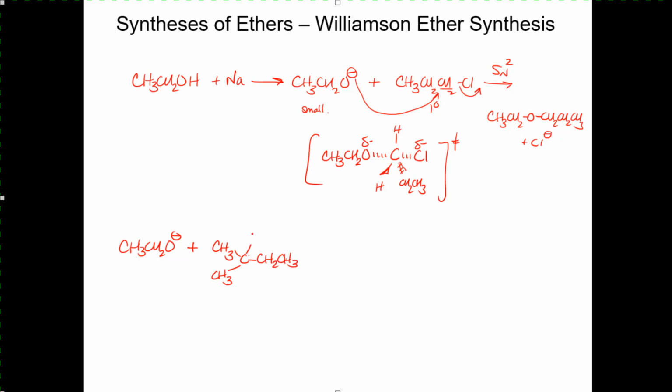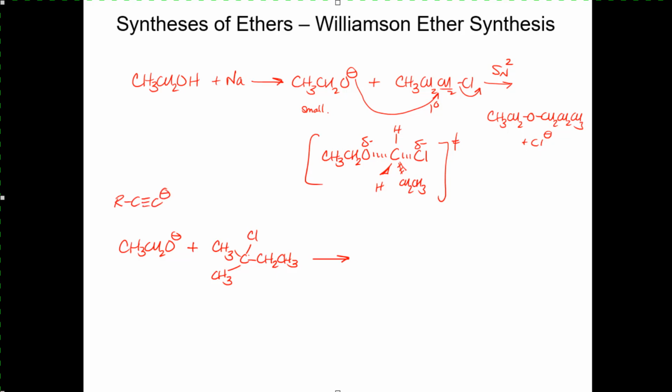But what would happen if I tried this reaction? If I tried to actually react the alkoxide with a tertiary halide, what would I get? Now, just as a point of reference, from last semester, remember that we did this reaction.